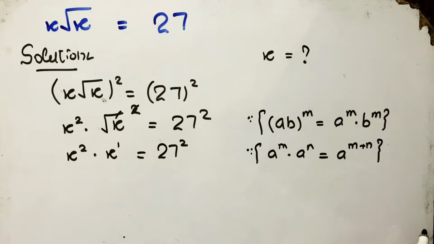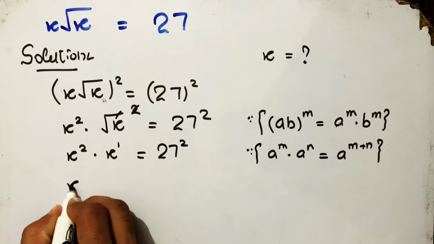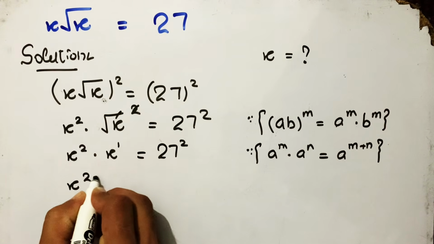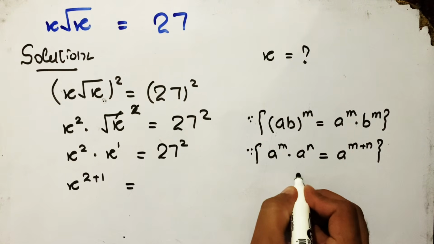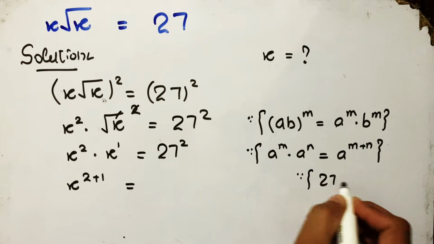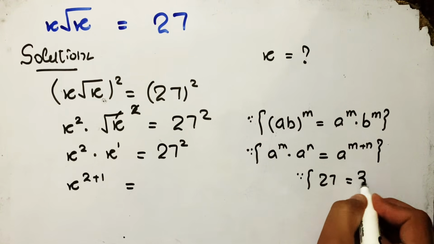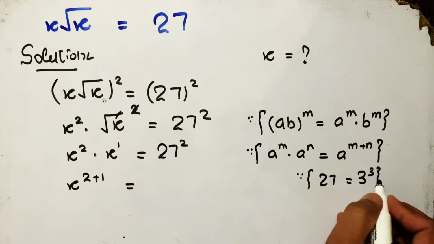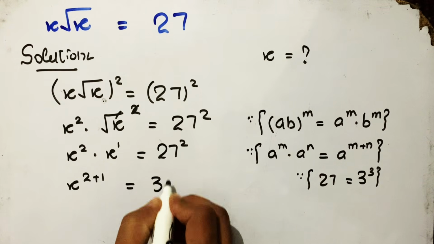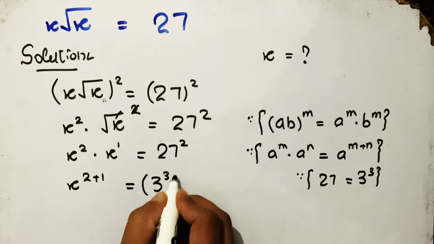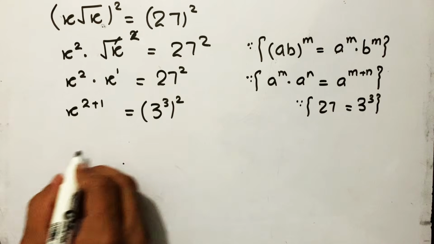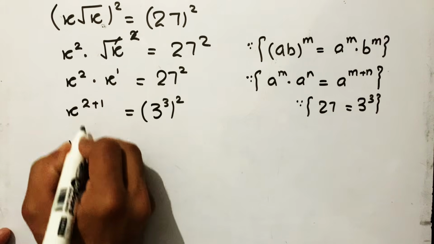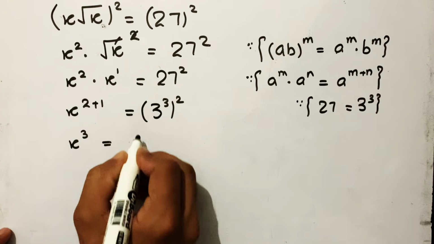So we take both powers and add: x to the power 2 plus 1 equals 27, which is equal to 3 to the power 3. 3 to the power of 3 square, so x to the power of 3.